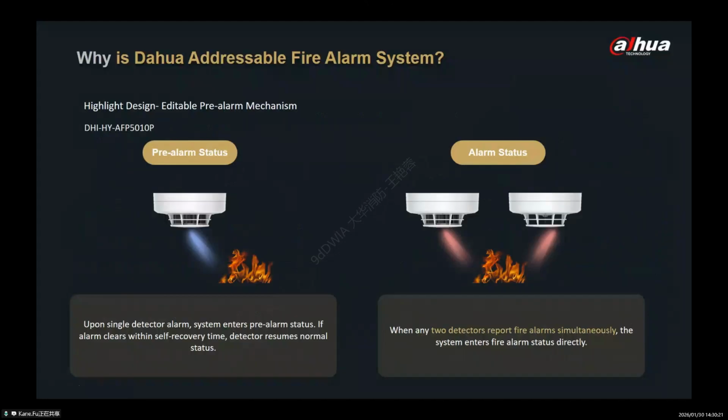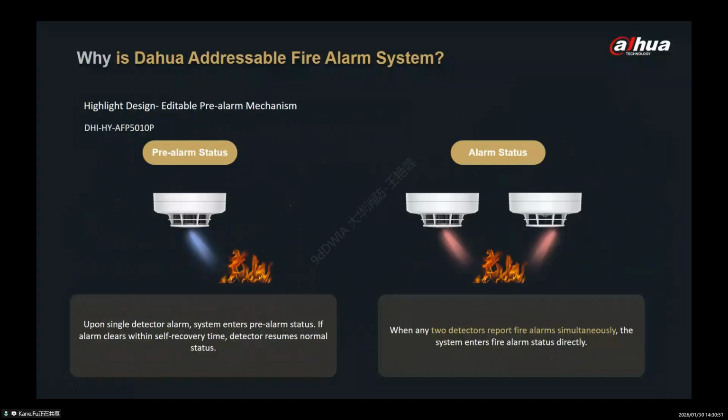So in this pre-alarm function, when only one detector reports the fire alarm, we can set a self-recover time here. If the detector reports all the time up to the self-recover time, we will transfer the pre-alarm to the real fire alarm.